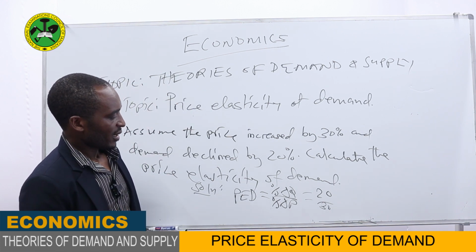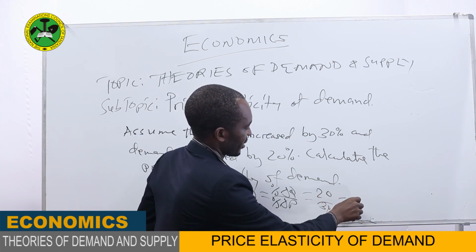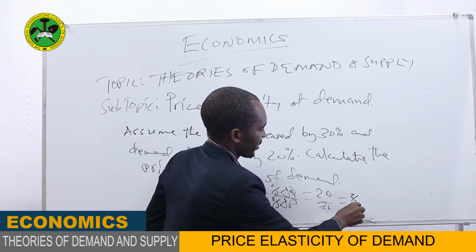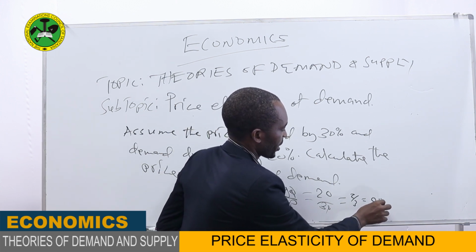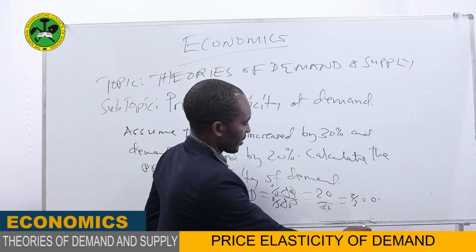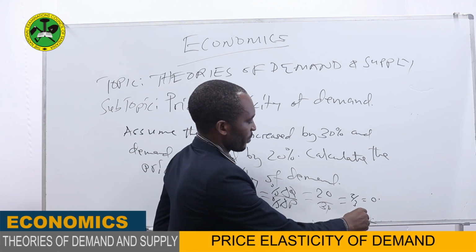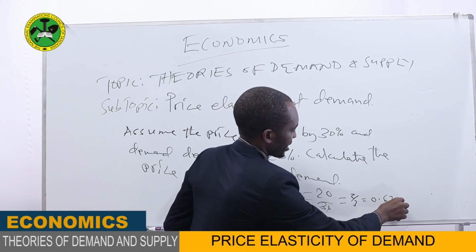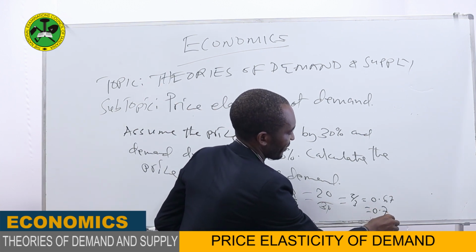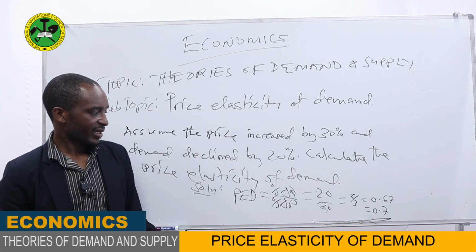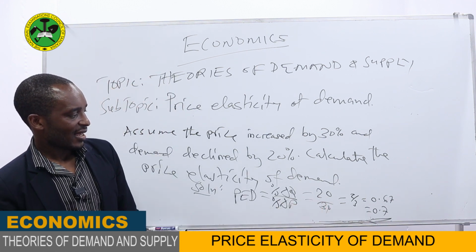Okay? Now, when you simplify this, you get 2/3, and when you divide this one, it will be 0.67, which is approximately equal to 0.7. So, dear student, the answer will be 0.7, and this is inelastic.